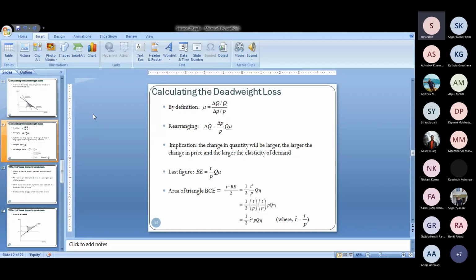Now, we start with the definition of the price elasticity of demand for a particular good, del Q by Q over del P by P. Rearrange that such that on the left hand side we have the marginal change in the quantity demanded. Now, let's look back to the last figure.